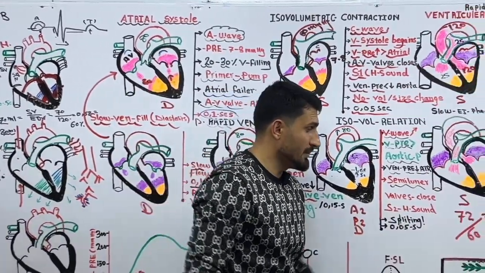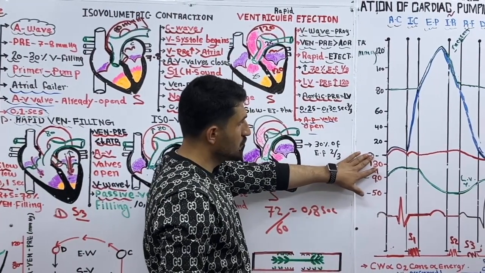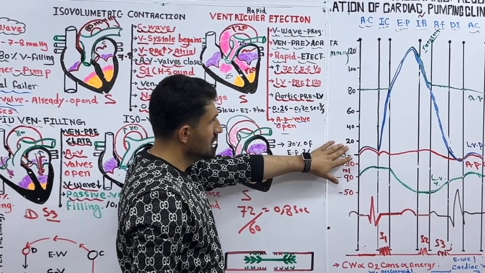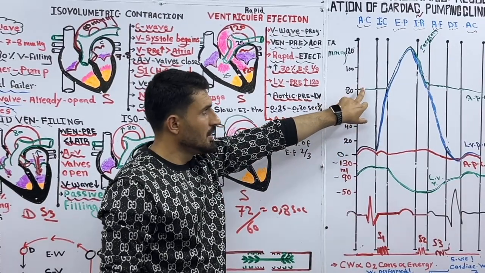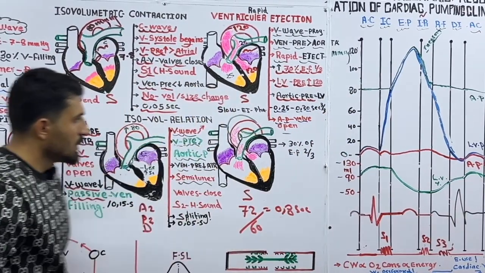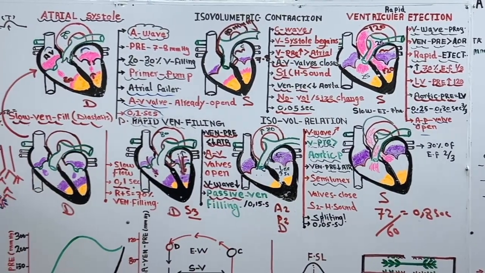Got it? So this was about phonocardiography, this was about the ECG, this was about left ventricular volume, this was the atrial pressure curve, this was the left ventricular pressure curve, and this was the aortic pressure curve. Now we will talk about some important topics about cardiac work and so on.